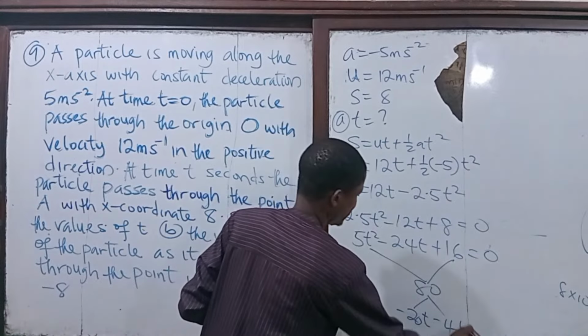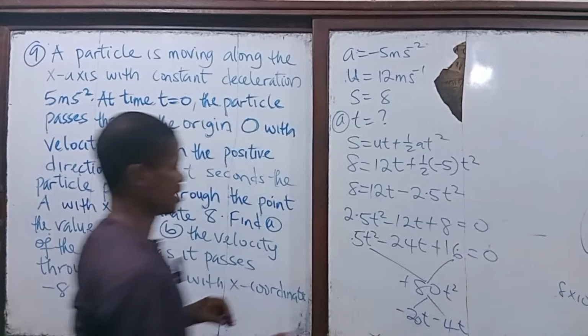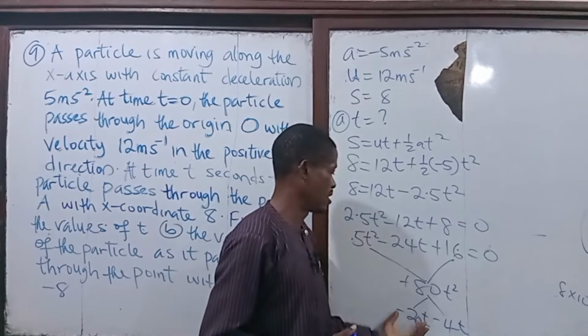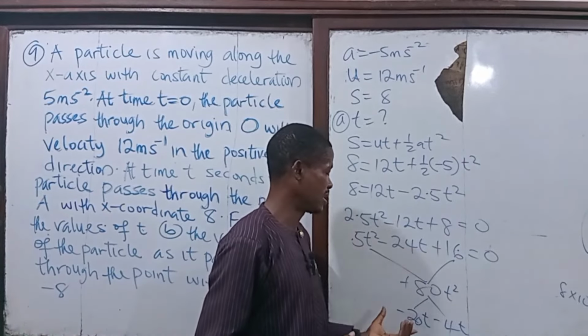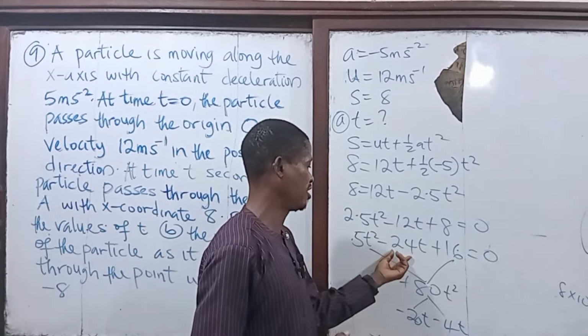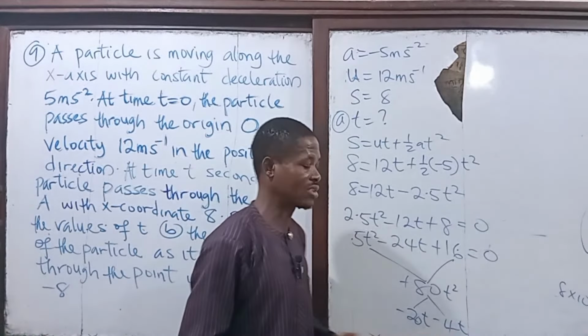If you multiply these, that's plus 80, and the two factors of 80 that can generate minus 24 are minus 20t and minus 4t. So we just come back to this equation and replace the middle term with these two factors.